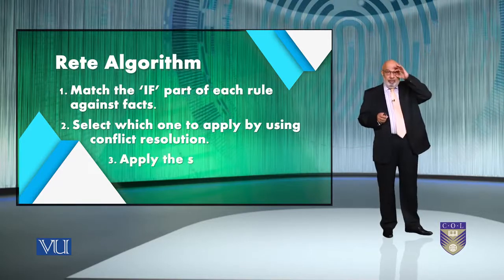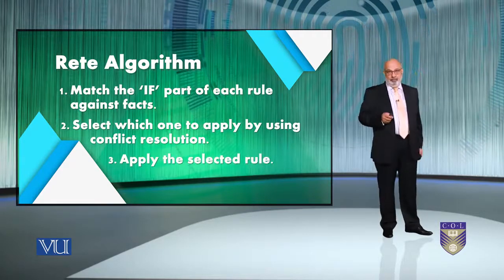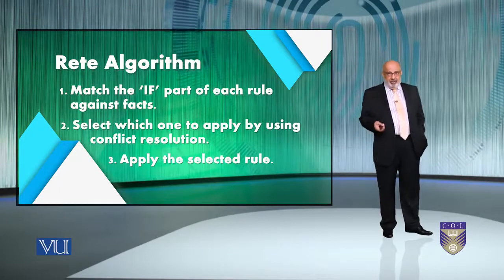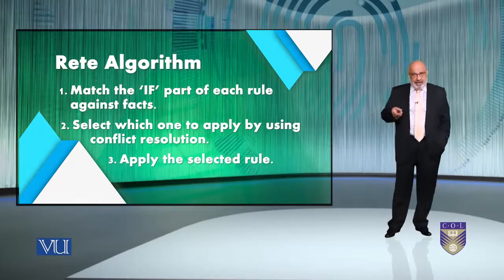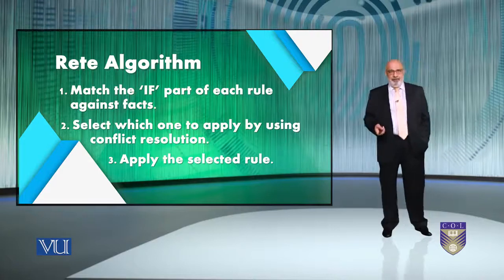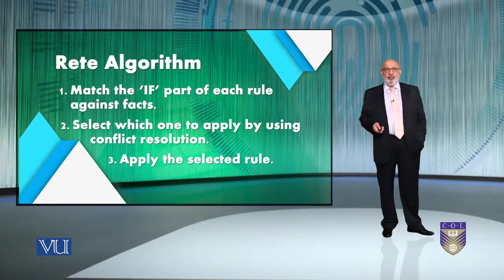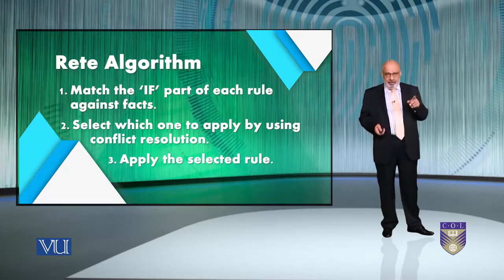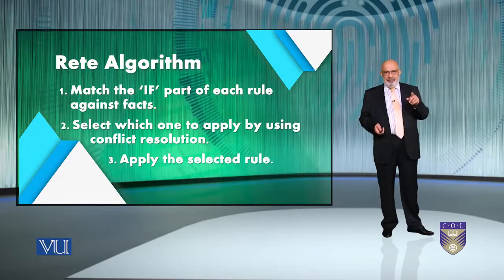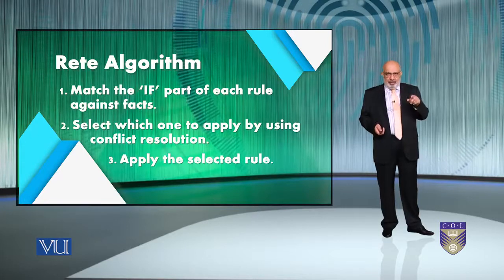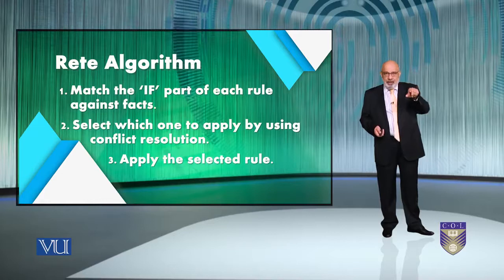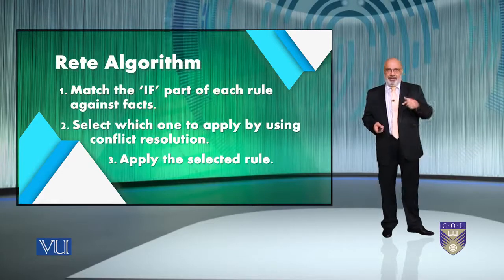So we select a rule and then apply that selected rule. If new facts are obtained as a consequence of firing this rule, then add them to the working memory. So what have we done? First of all, we've done the matching part. Then we have selected a rule to be applied using conflict resolution. And then we apply that particular rule.